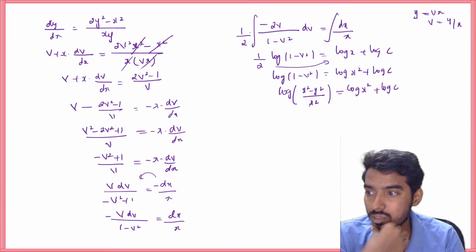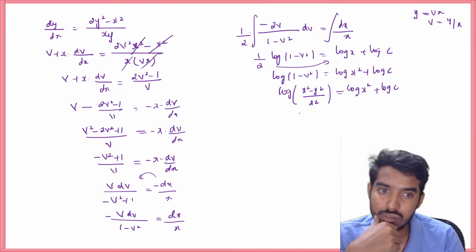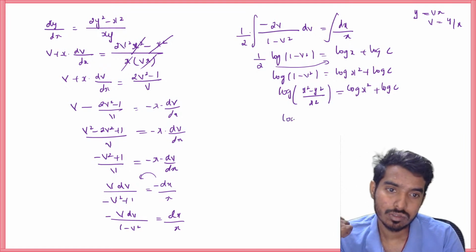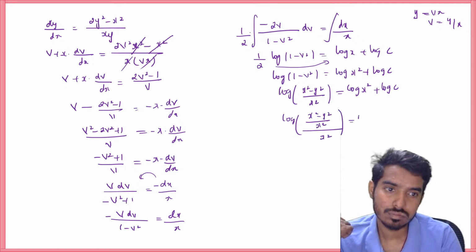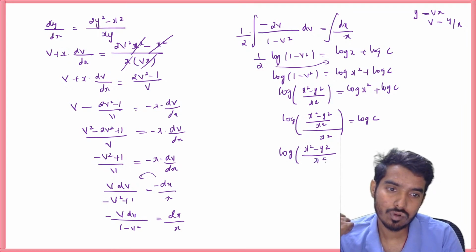So we will have this term to be equal to log of log a minus log b. What's this? Log of x square minus y square by x square, or 4 log c. We have c x power 4 is equal to x square minus y square.